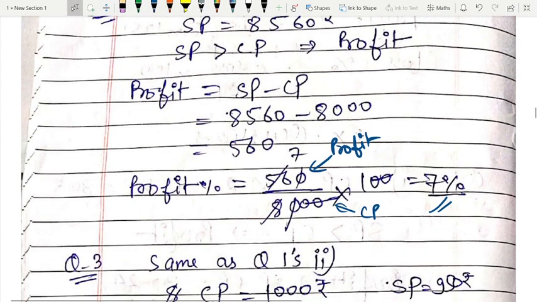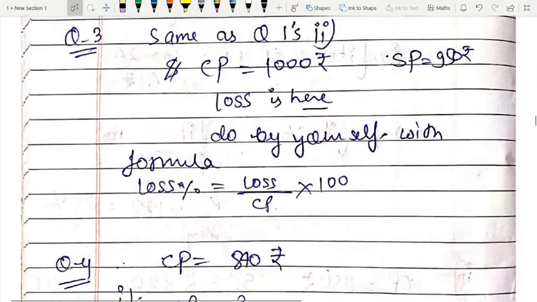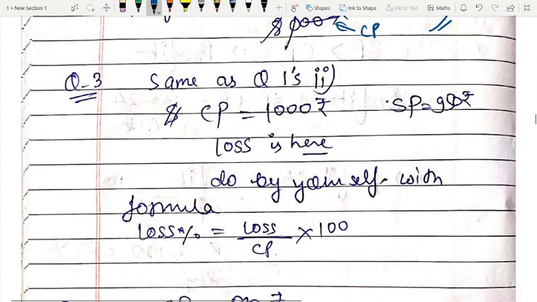Now let's come to question number 3. You will do question number 3 as we have done question 1's second part. Here the cost price is 1000 rupees, selling price 950 rupees.